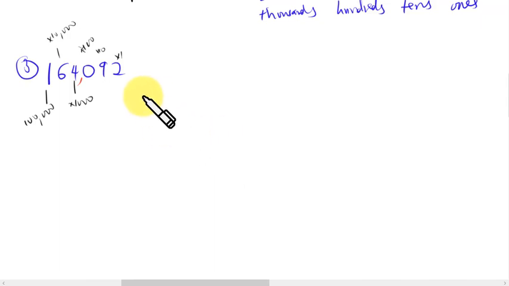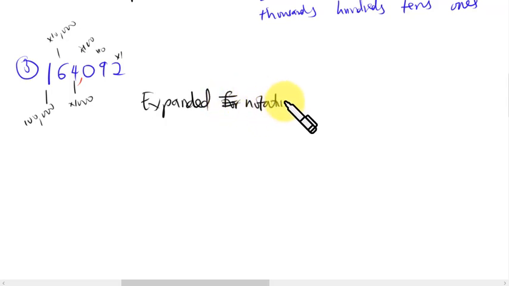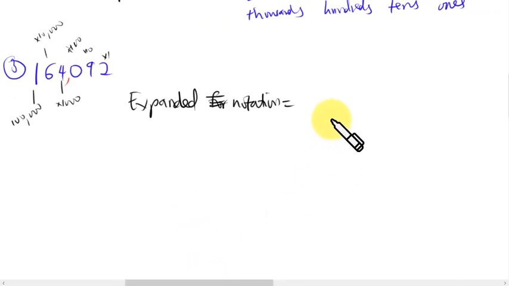So how do we write this in expanded notation? So we're going to expand the number. First, let's look at notation. Okay, and this is going to be this. So the 1 is at 100,000.